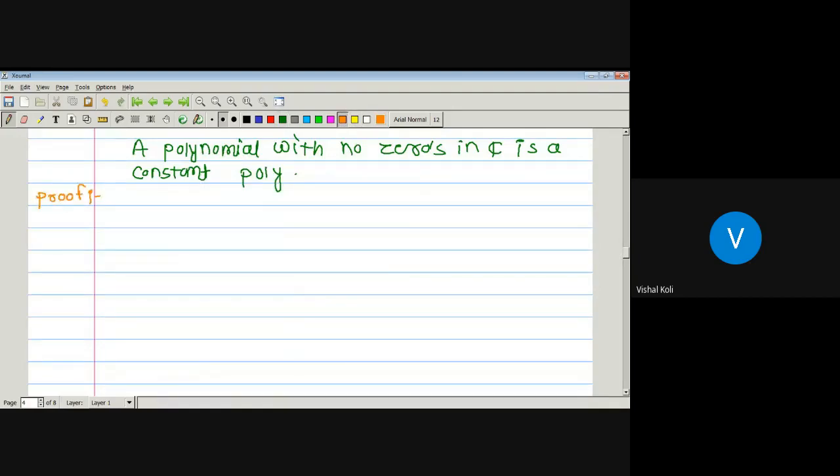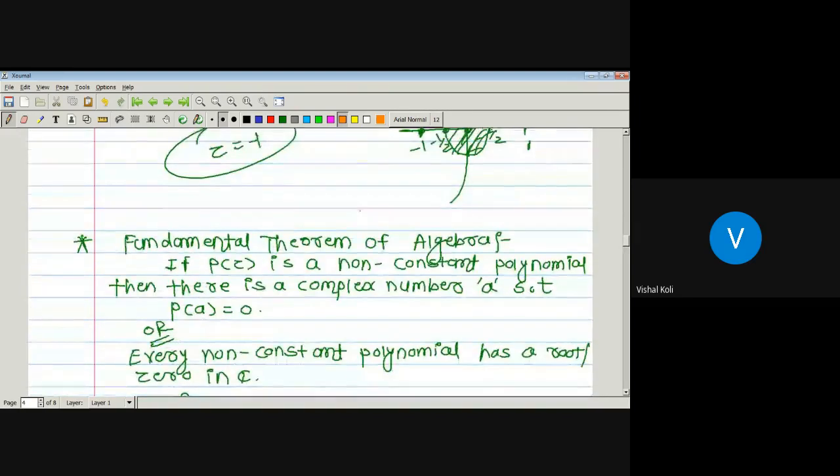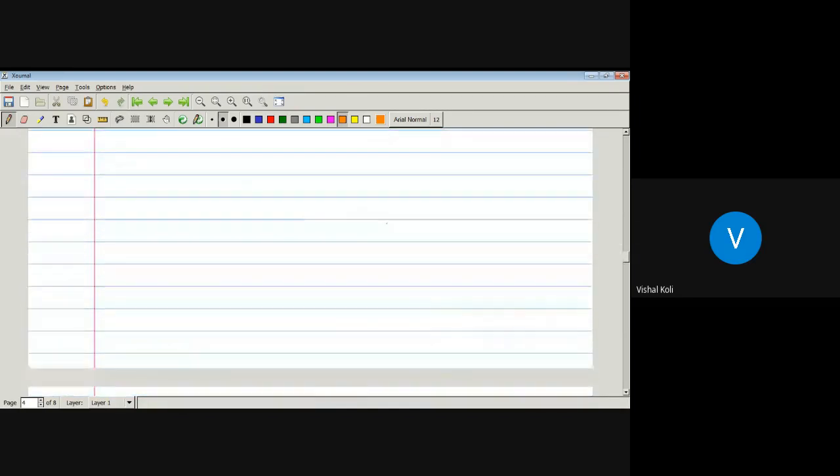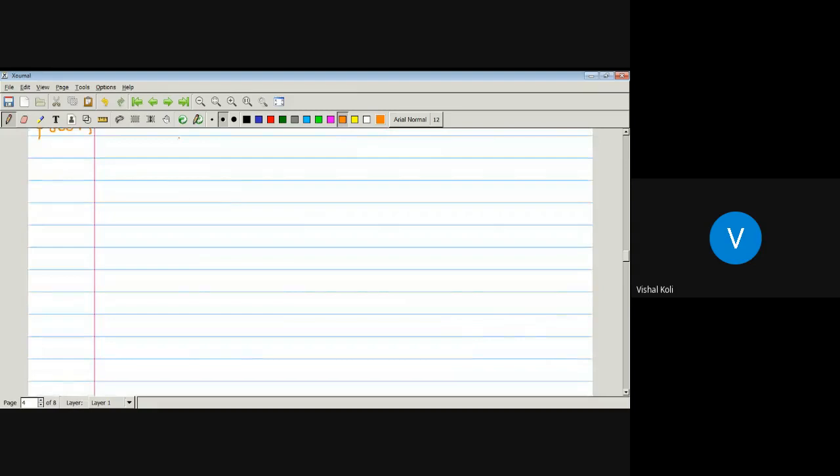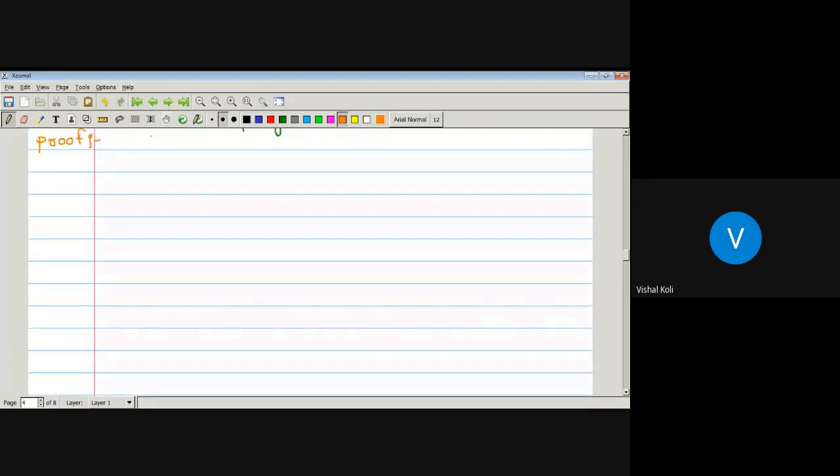As here we have to take P of z to be any non-constant polynomial, let P of z be a non-constant polynomial. As it is a non-constant polynomial, what is its possible degree?